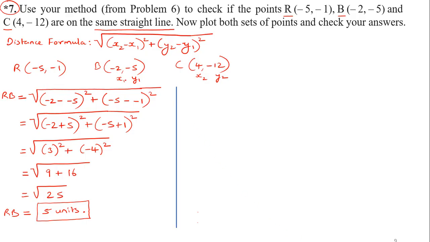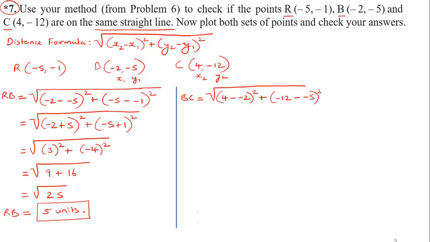Now we will find the distance of BC, and while finding the distance of BC I have taken B as x1 y1 and C as x2 y2. So now we will find distance BC using the same distance formula. So x2 is 4, 4 minus x1 which is minus 2, squared, plus as per this formula, y2 is minus 12 minus y1, which is minus 5.